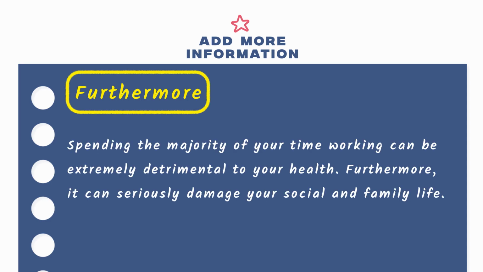Another one is furthermore. For example, spending the majority of your time working can be extremely detrimental to your health. Furthermore, so this is one drawback of spending the majority of your time. Now I want to add another drawback of that. All right, the negative side, another negative side. So I write furthermore. Furthermore, it can seriously damage your social and family life.